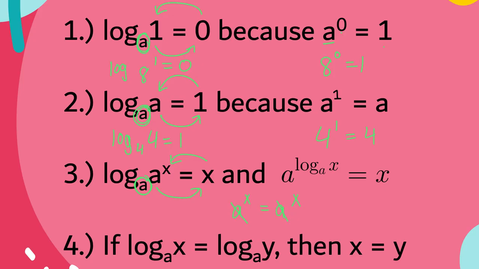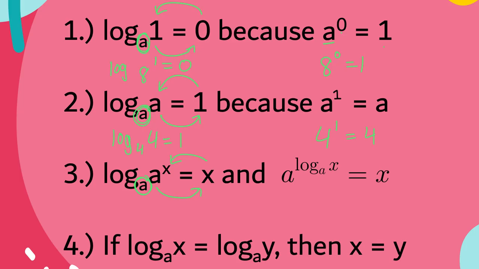Cancel my bases out. Anytime you see log with the same base, these cancel out and you're still going to have the same thing. Or you could switch the order around. Let me erase this to give myself some space.